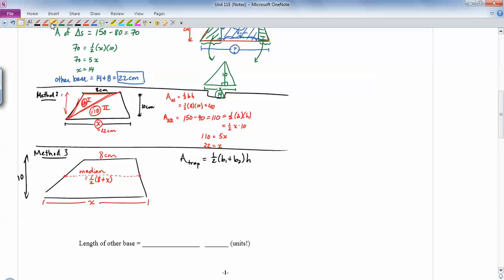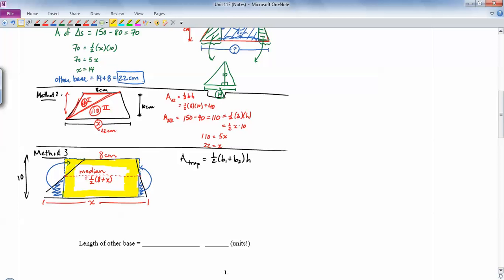Here's how I'm going to cut up this trapezoid. I'm going to cut it right here and here. I'm going to take this triangle and put it right there. And I'm going to take this triangle and put it right there. And what you'll notice is I've created this yellow rectangle as a result.